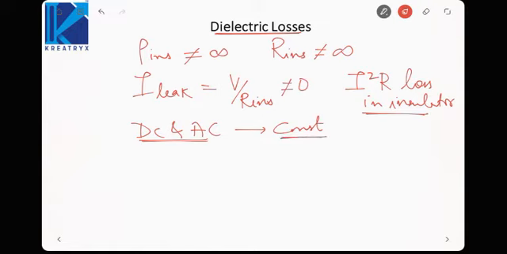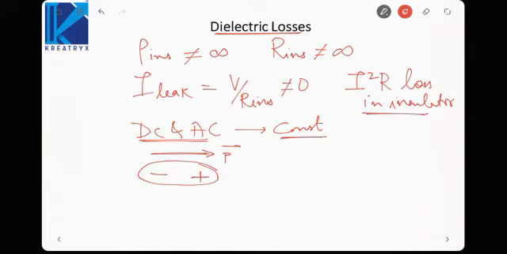The other reason for dielectric loss is this. What is actually a dielectric? A dielectric is nothing but a material which consists of electric dipoles. What is a dipole? A negative and positive charge bound together, separated by a distance. In a dipole, we define a dipole moment from the negative to the positive charge.